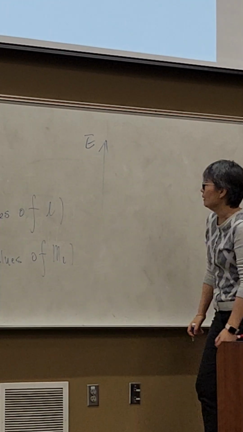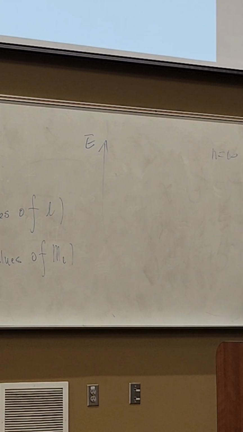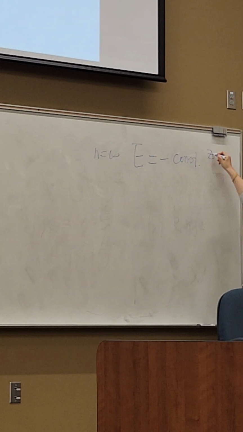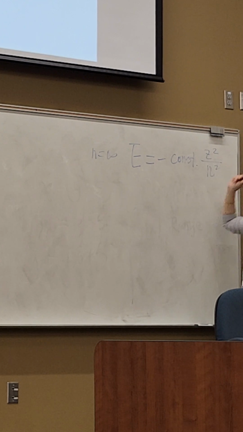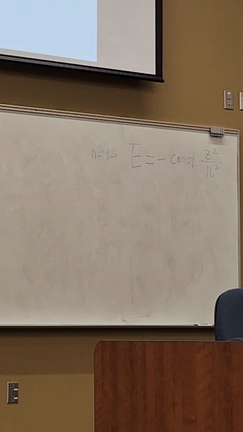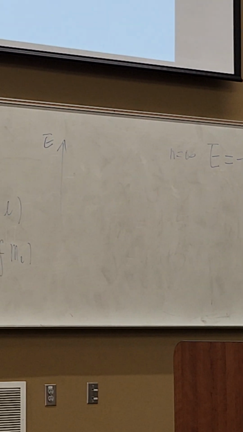Now we can label it, referring to the quantum state. Why? Because the energy for a particular system, if I really want to write it out, is a negative constant times Z squared over n squared. So you know the relationship. The energy for electrons in this hydrogen-like system is a negative value.